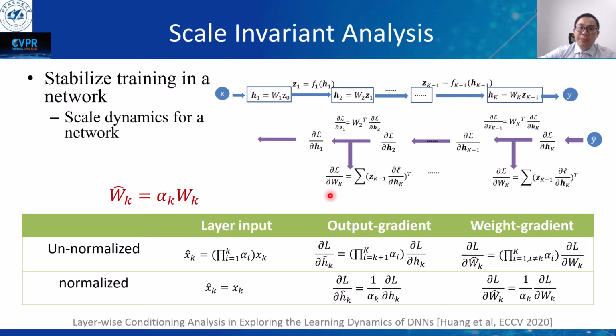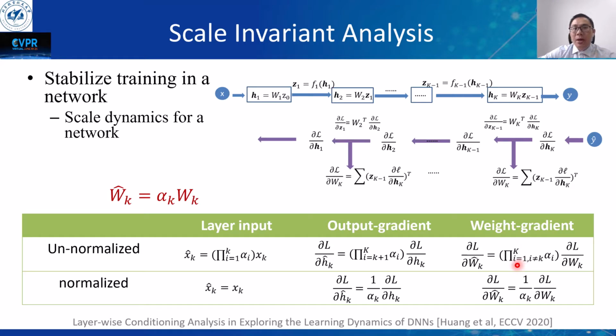Given a rectifier neural network with positive homogeneous nonlinearity, if the weight in each layer is scaled by a factor of alpha k, we have the corresponding layer input, output gradient, and weight gradient shown here. For an unnormalized network, we observe that the scaled factor alpha k of the weight in layer k will affect all other layers' weight gradients.